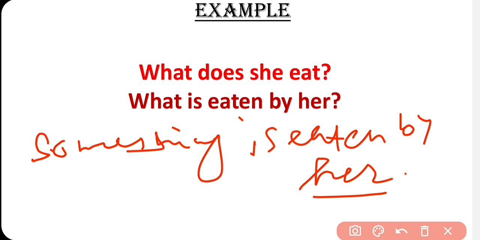Something is eaten by her. It will be the passive form of the assertive sentence.